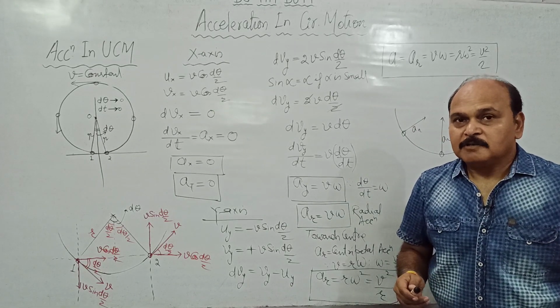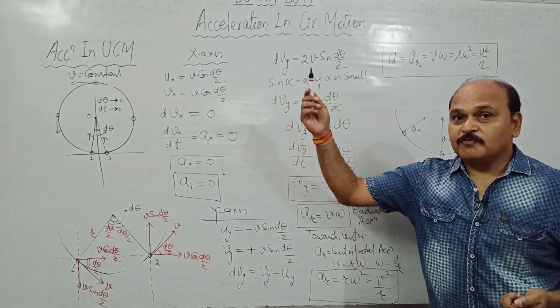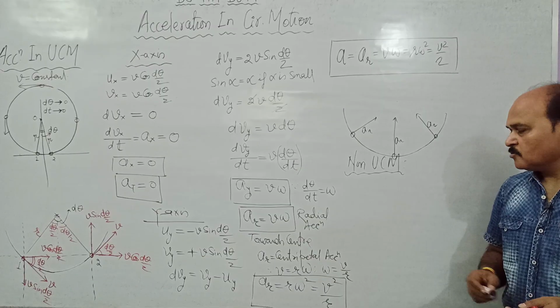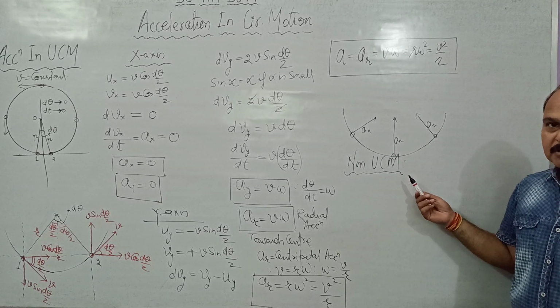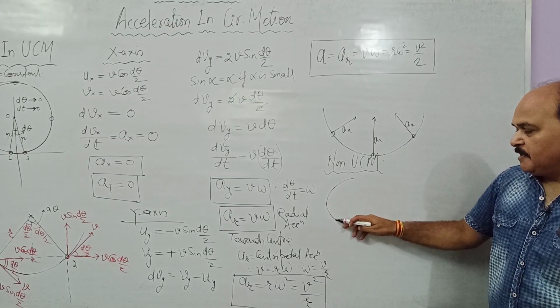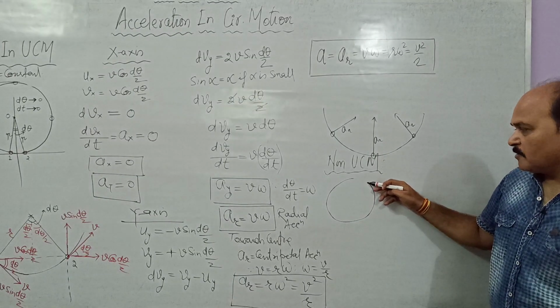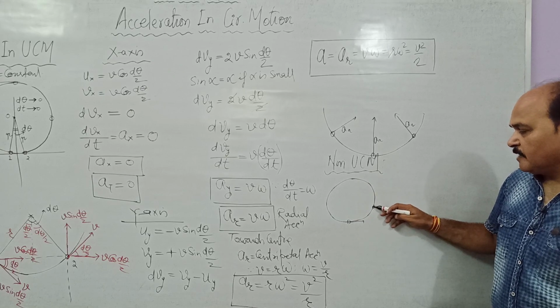So let's find out the acceleration in non-uniform circular motion. Children, let's know what is acceleration in non-uniform circular motion. Well, you know, in non-uniform circular motion, speed is a variable. As the object moves on circular path, the speed at each and every point is different.